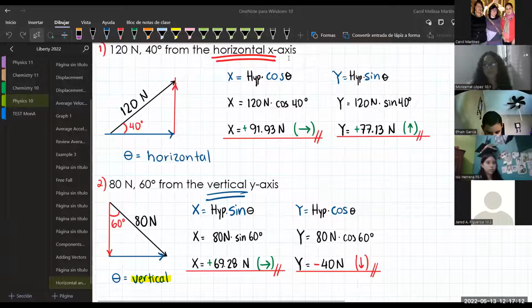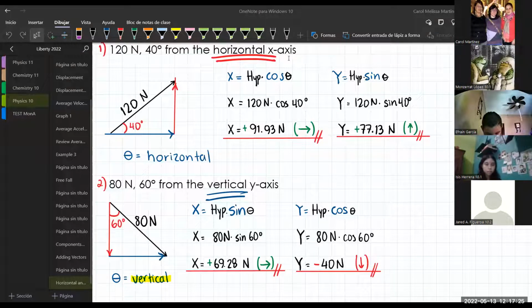Okay, now I'm gonna show you some vectors with angles, and you're gonna help me identify if they are horizontal or vertical.